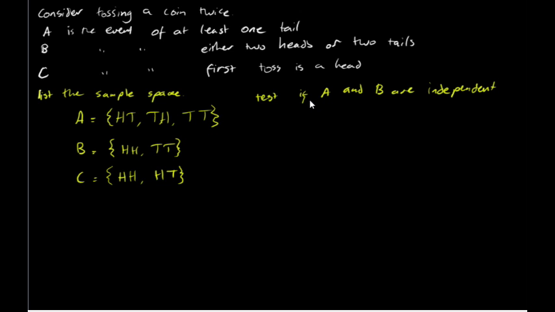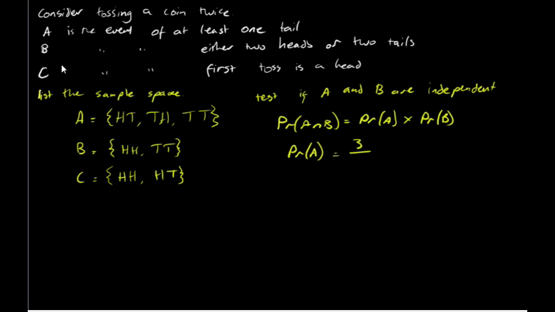Just testing for independence, we're going to test if A and B are independent. So remember our formula, the probability of A and B is the probability of A times the probability of B. So if that holds, then A and B are independent. Now the probability of A, okay, there's 3 different options there that we found.